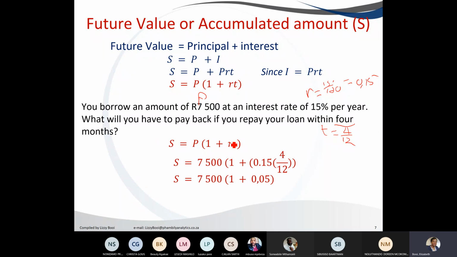If we multiply that with 0.15, we get 0.05. We add 1 to that, since we're still removing the brackets. So 1 plus 0.05 becomes 1.05 times 7,500. The answer we get is 7,875.